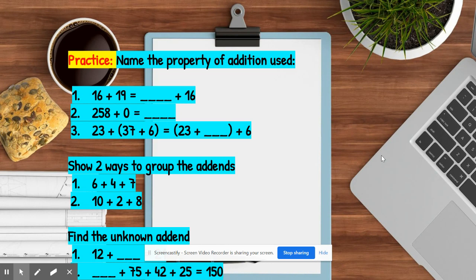Question. You don't have to solve it, you just have to find what was missing, and you did. Now you just have to tell me what property this is.